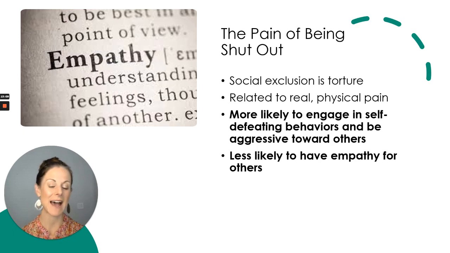They're less likely to have empathy toward others. And by being shut out, they engage in these behaviors, which again continues their being shut out, right? People don't want to be around people that are like this. And so it's just a negative downward spiral. It doesn't have to be that way, but I just think this is important to consider the real serious implications of being socially excluded.